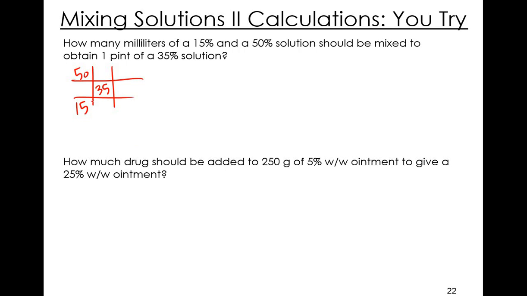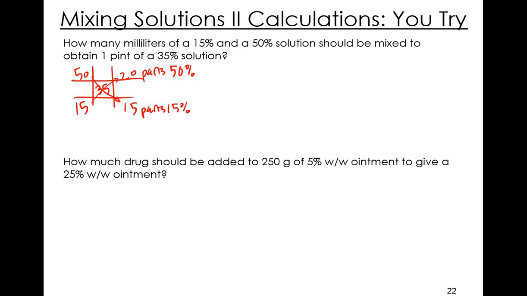And so if we crisscross, the number of parts of 50% that we need is 20. 35 minus 15 gives us 20 parts of 50%. And the parts of the smaller is 50 minus 35, so 15 parts of 15%.